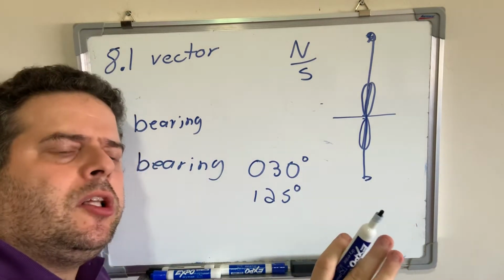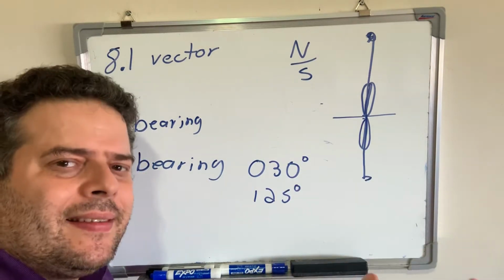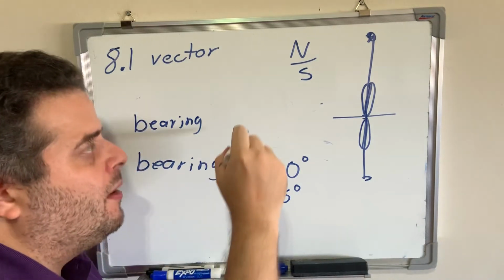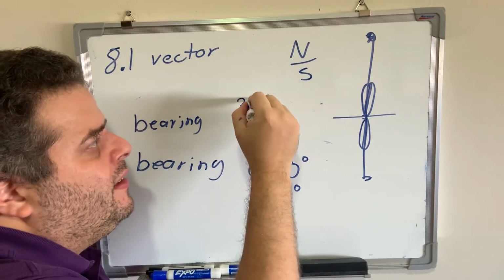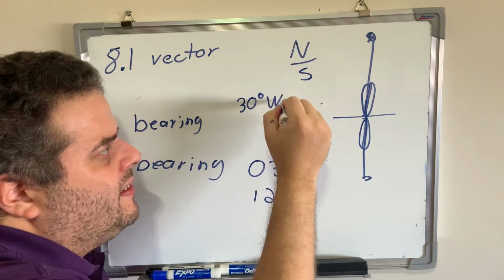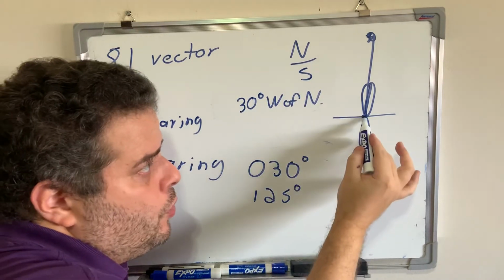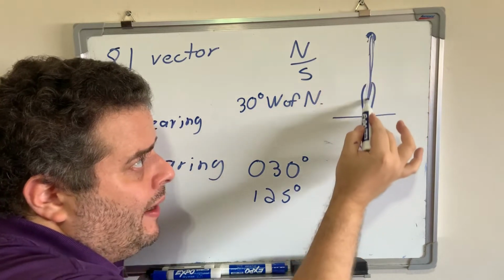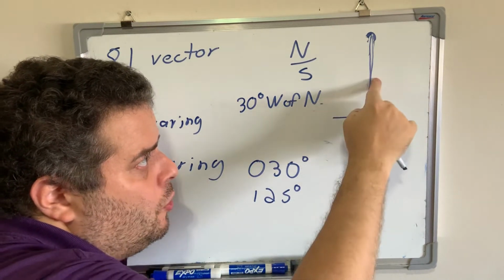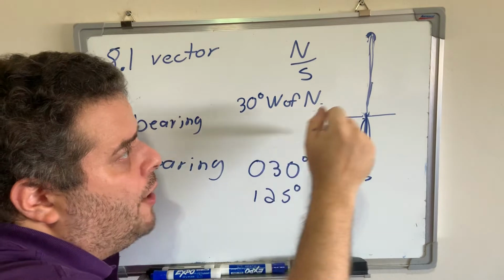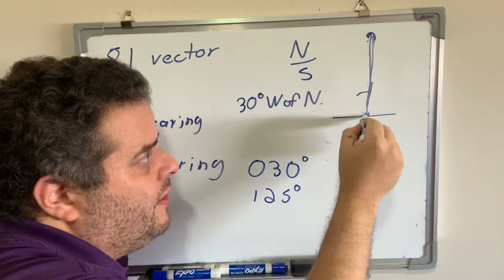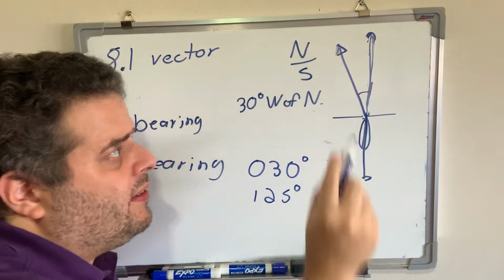Now, they can also include an east or west element to it. So, for example, if I say 30 degrees west of north, I'm going to use my north line, and from this north line, I'm going to draw another line 30 degrees in the west direction.